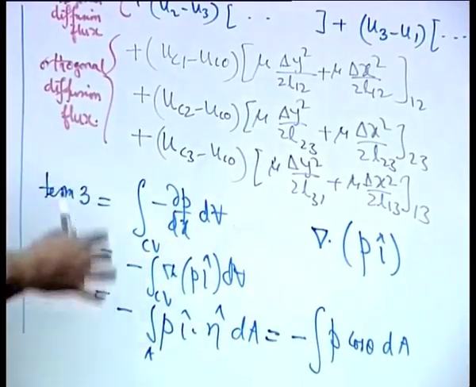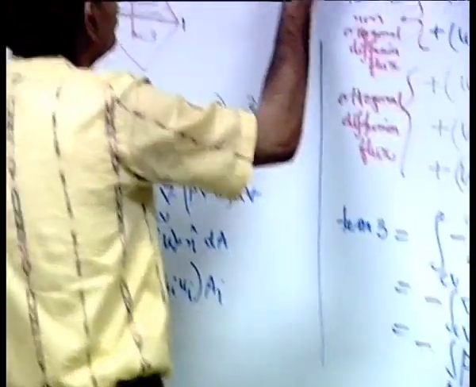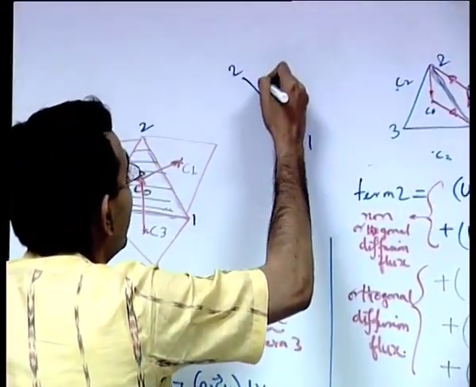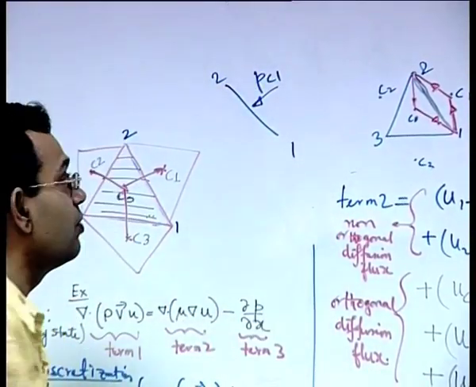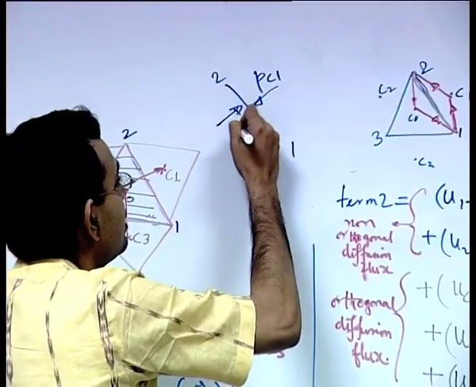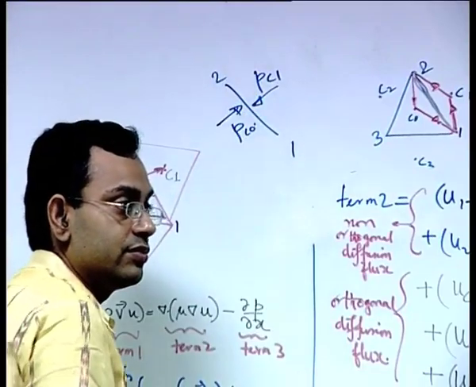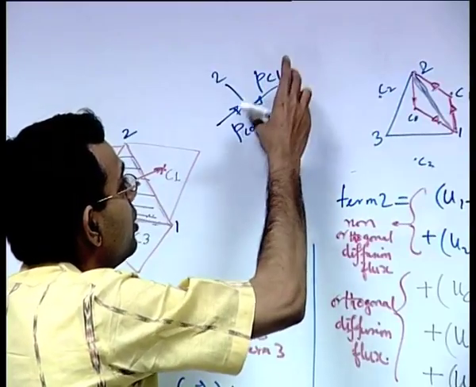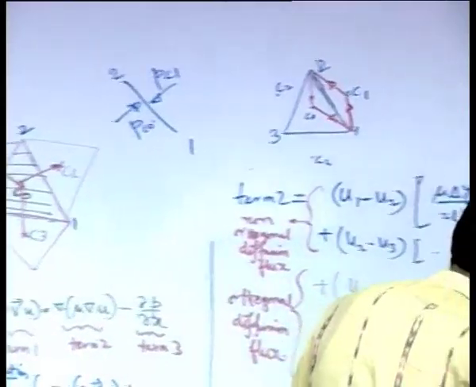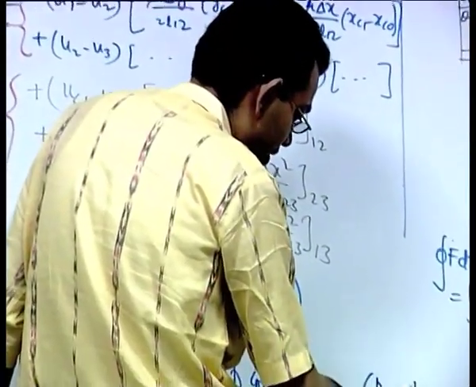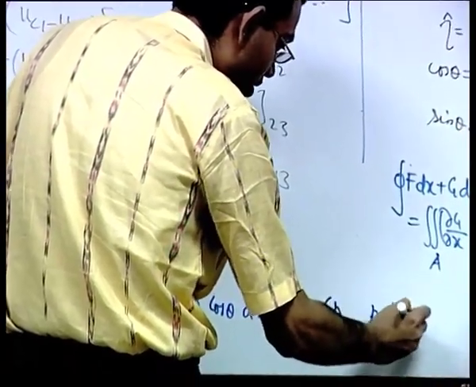And what is the net P? So consider this surface 1 2. From this side you have the pressure PC1 acting, from this side you have the pressure PC0 acting. So it is the net pressure on 1 2 is PC1 minus PC0. So this you can write as minus PC1 minus PC0 into delta y.